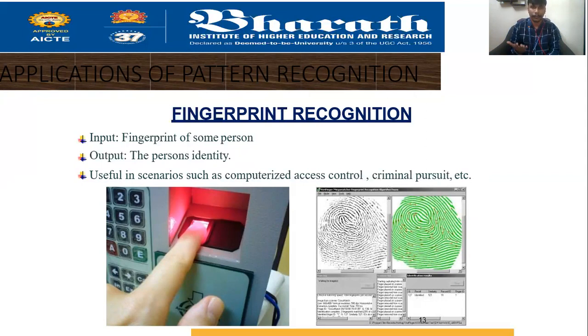Nowadays, people are using biometric systems for entry and exit points in offices and workplaces. They are using fingerprint recognition as an entry and exit key for their arrival and dispatch.